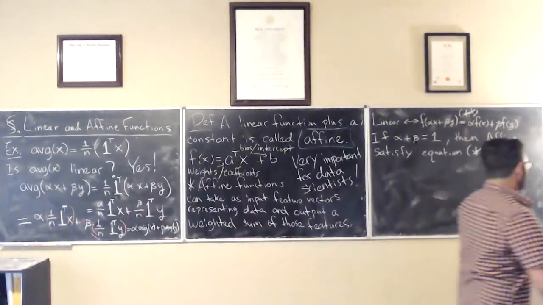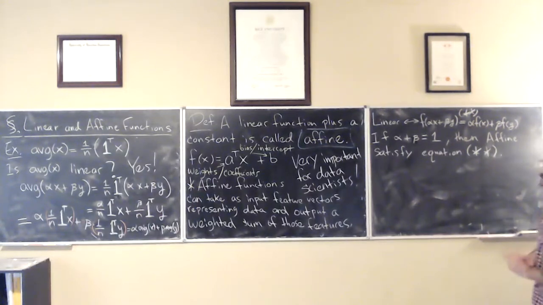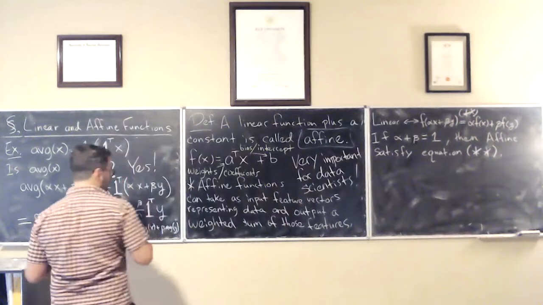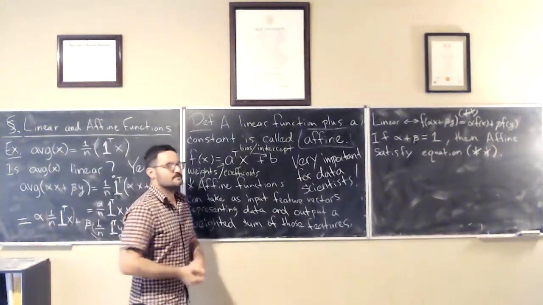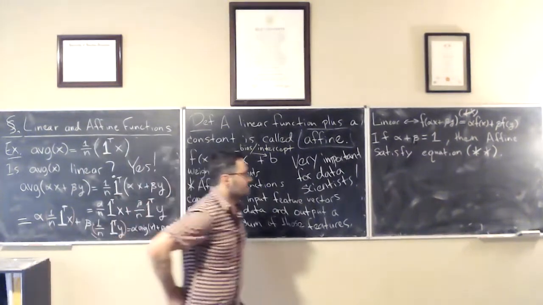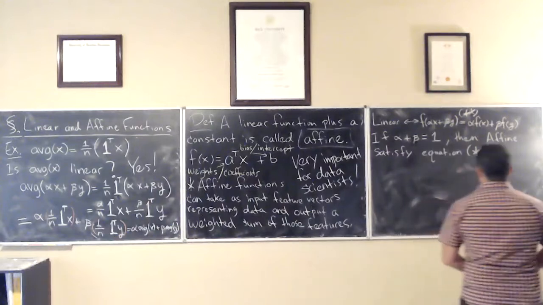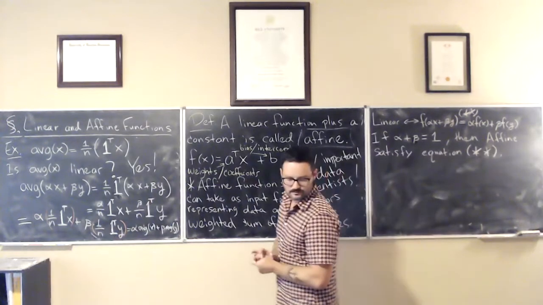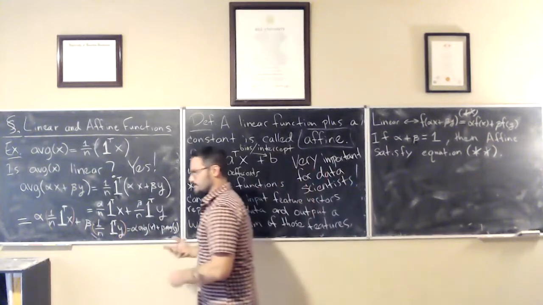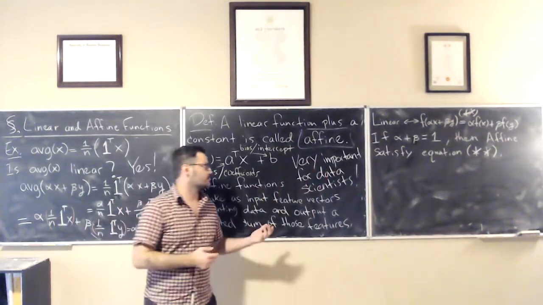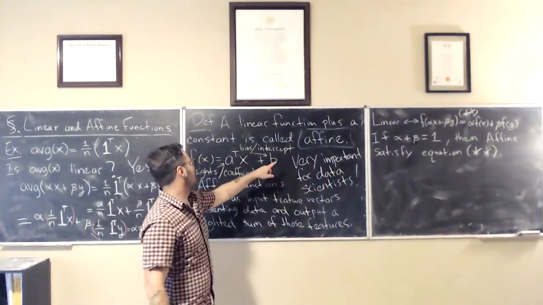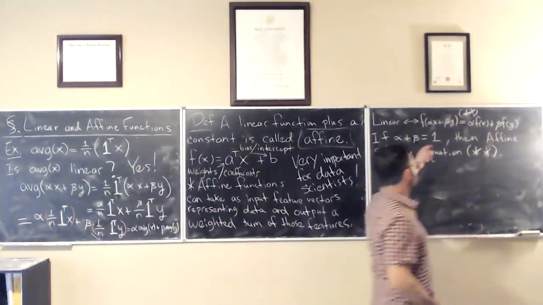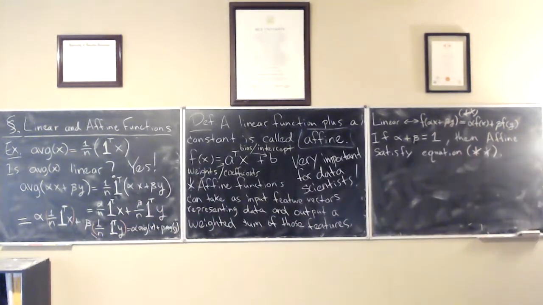Now, a word of caution, some textbooks, some things you might read will refer to affine functions as linear, but this is not true. Not all affine functions are linear, and it's actually a homework problem that I might assign to show that there are affine functions that are not linear. Basically, finding values for B and A where no matter how hard you try, you can't make it satisfy that.